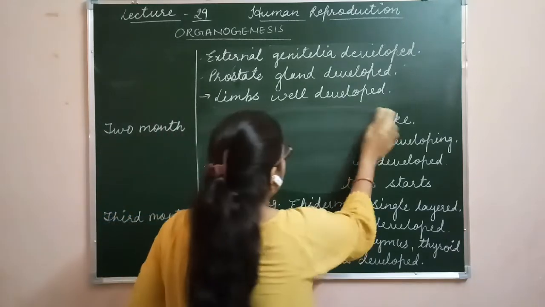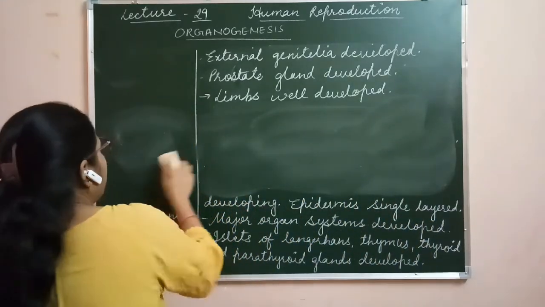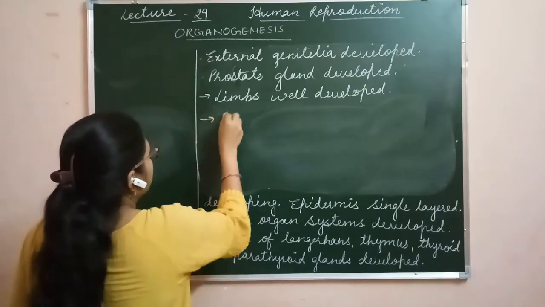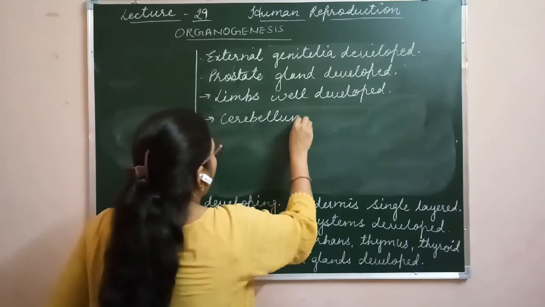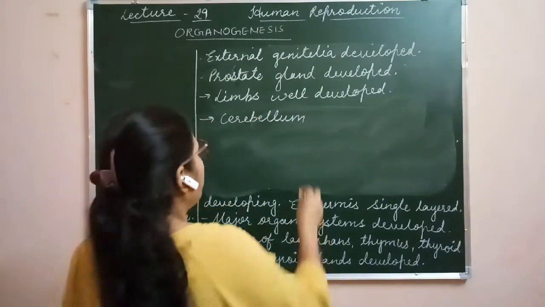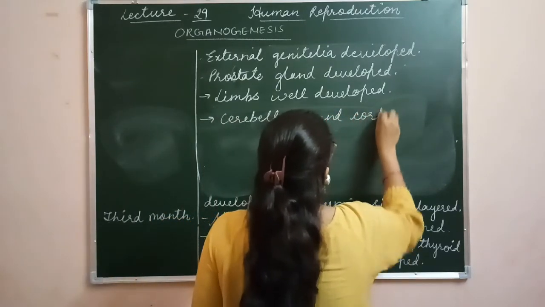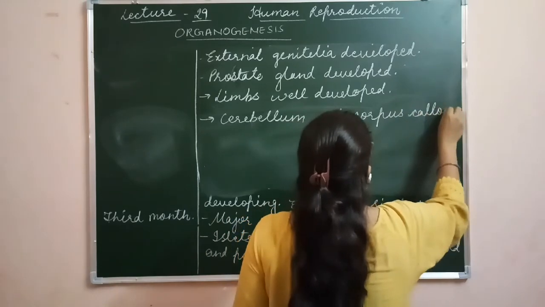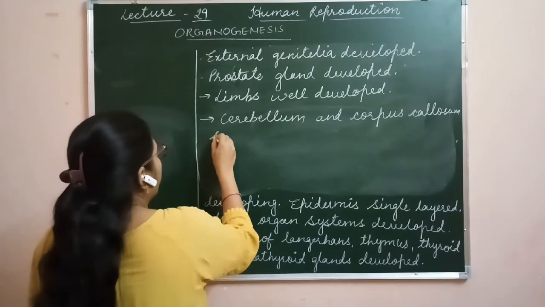It means the nervous system also starts developing at the end of the third month. The cerebellum is a part of the hind brain. The cerebellum and corpus callosum start developing.